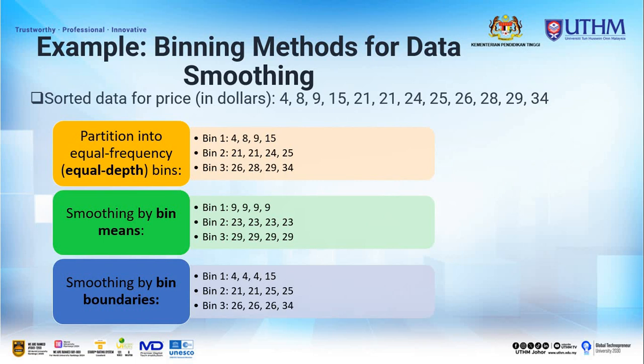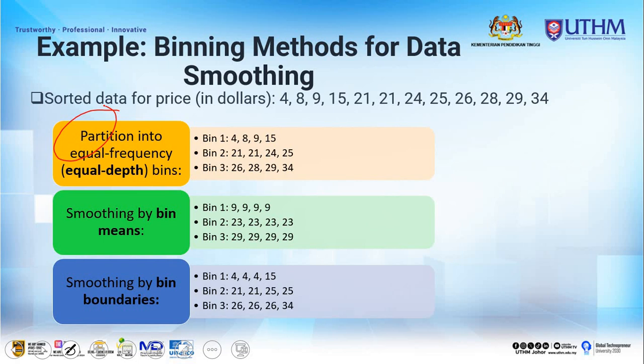Binning methods for data smoothing. Let's see this one: sorted data for price in dollars. Just imagine the data is already sorted in increasing order: 4, 8, 9, 15, 21, 21, 24, 25, 26, 28, 29 and 34. Basically we try to partition into equal frequency.